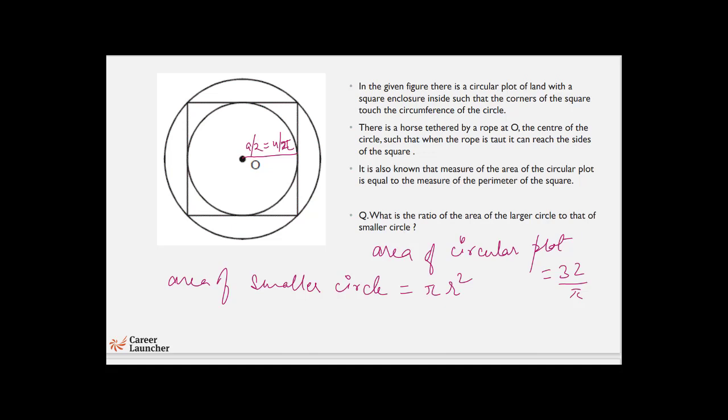So this would be pi, 4 by pi, and again 4 by pi. This comes out to be 16 by pi. So when we take the ratio of these two, we get 32 upon pi is to 16 upon pi. We get the ratio as 2:1. So the answer here, the ratio of the area of the larger circle to that of the smaller circle is 2:1.